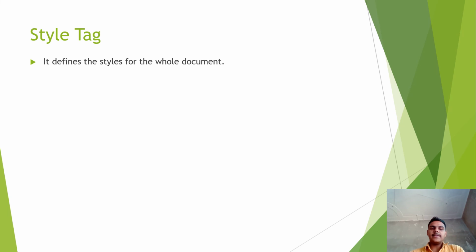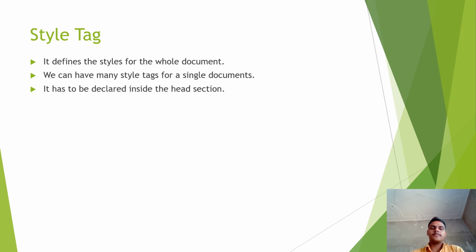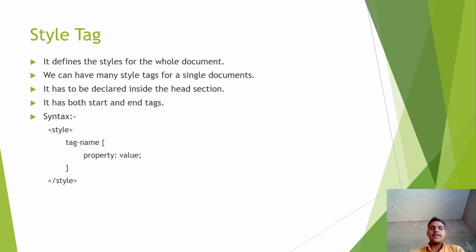It defines the styles for the whole document. We can have many style tags for a single document. It has to be declared inside the head section. It has both start and end tag. The syntax for the style tag is as follows.